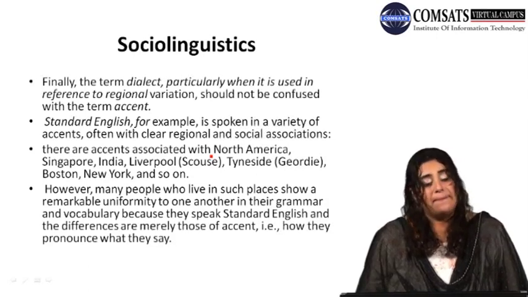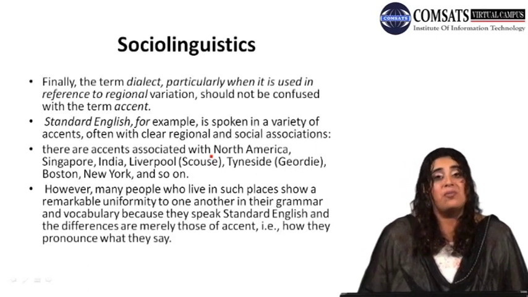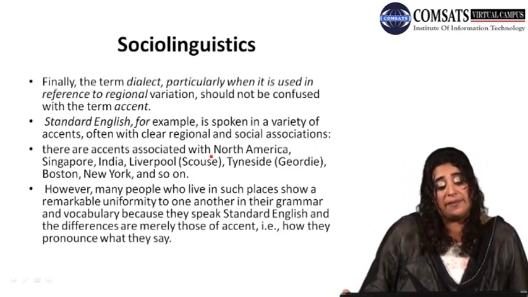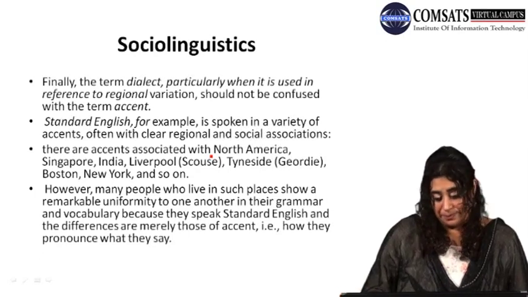However, many people who live in such places show a remarkable uniformity in their grammar and vocabulary because they speak standard English. The differences are merely those of accent, that is, how they pronounce what they say.